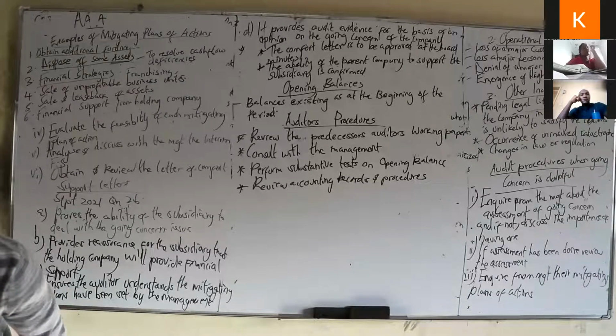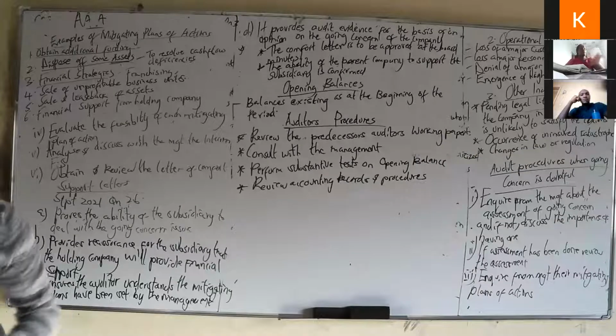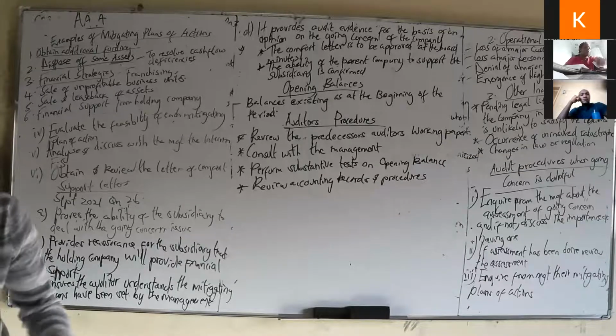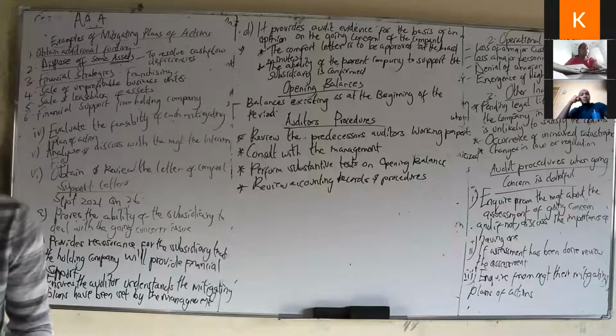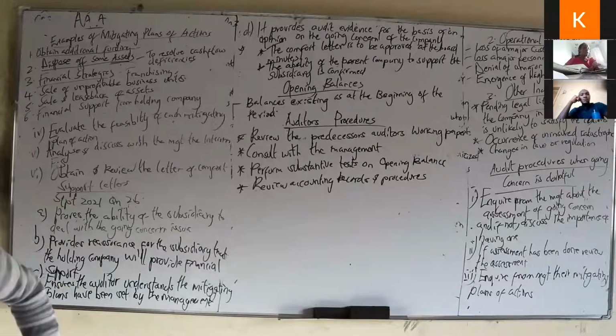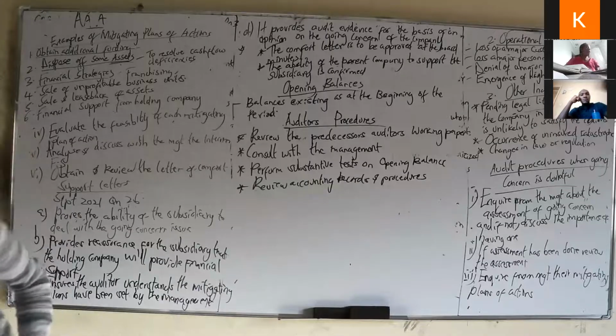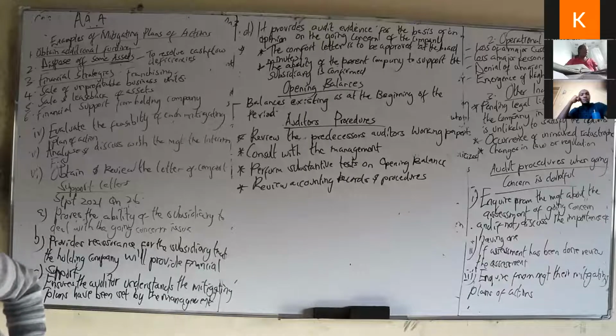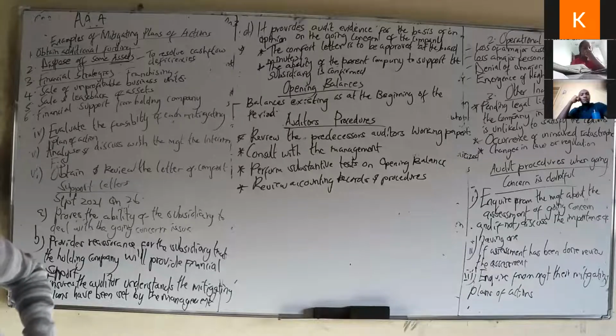And then on the basis of comparatives, which are the corresponding amounts and other related disclosures from the prior accounting period, the auditor should use this kind of comparatives to know whether the information agrees with that of the prior period and the accounting policies have been applied consistently.